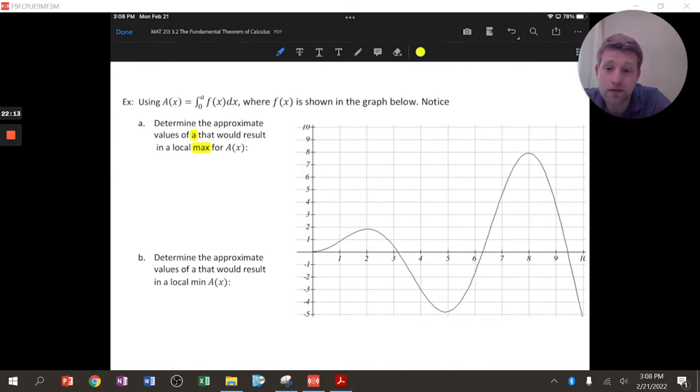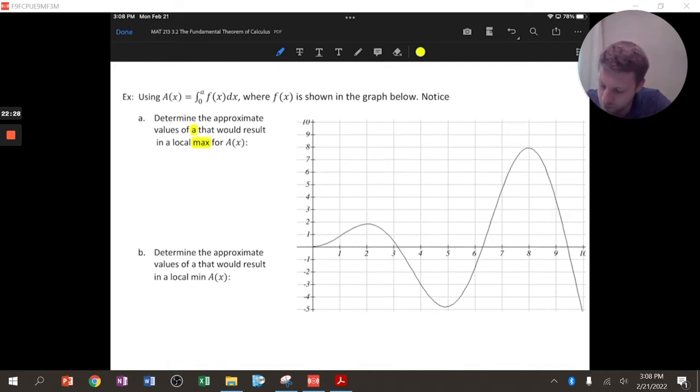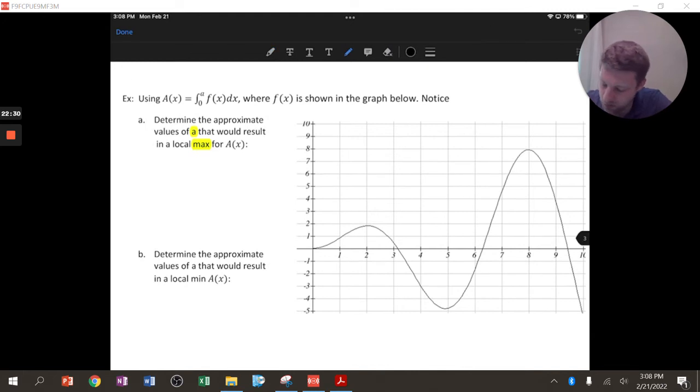So there's a couple ways to consider this. One is just to consider f here as some velocity function, because we're going to be integrating that to some accumulation function. So one way is just to consider, again, f of x, the function in the plane here, as some rate function.